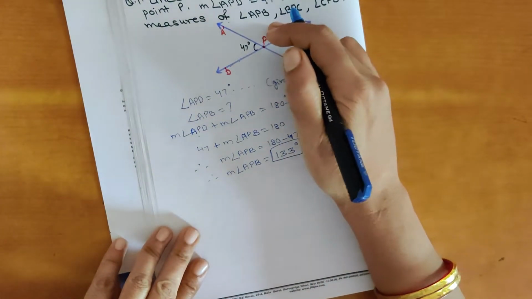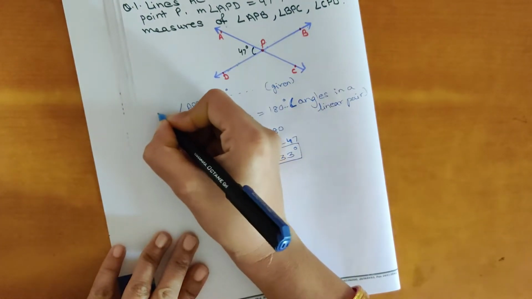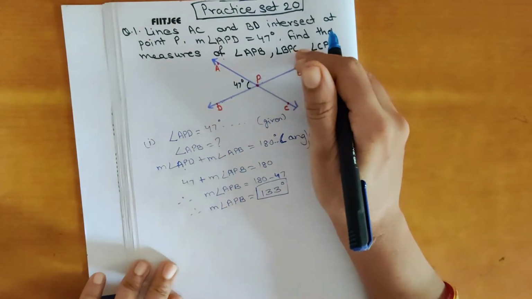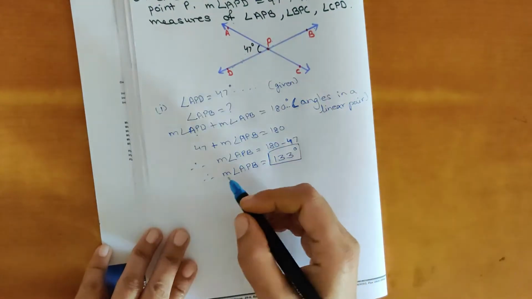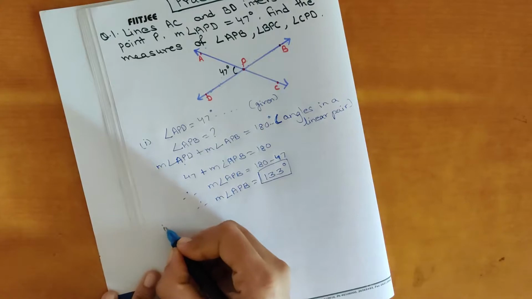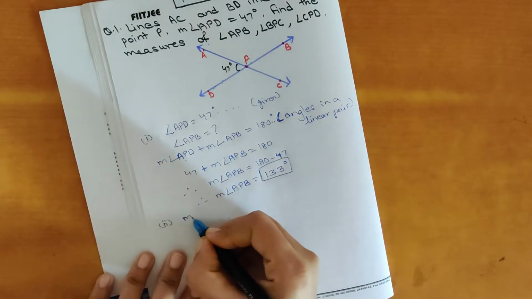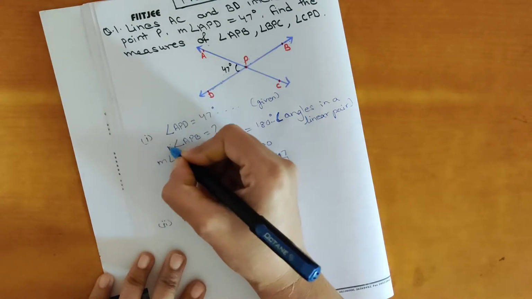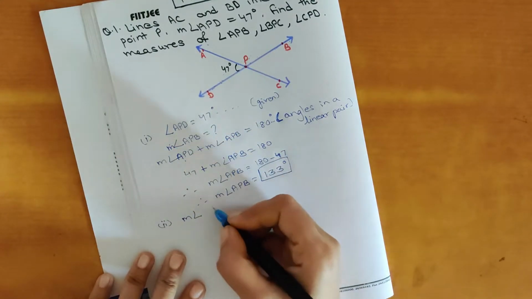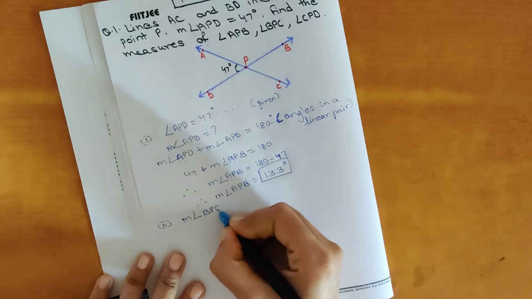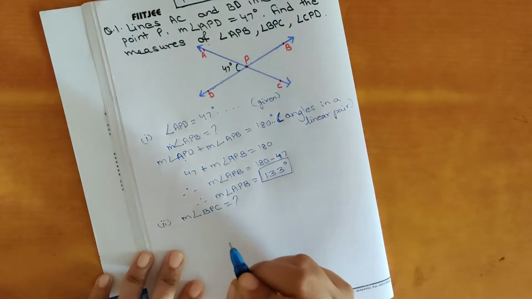Now second, it is given angle BPC. So for the second one we have to find the measure of angle BPC. How will we find it?